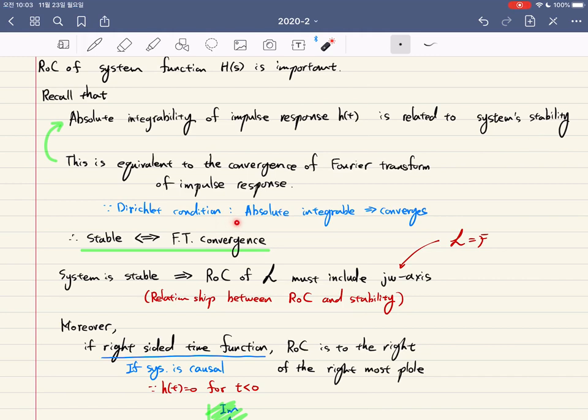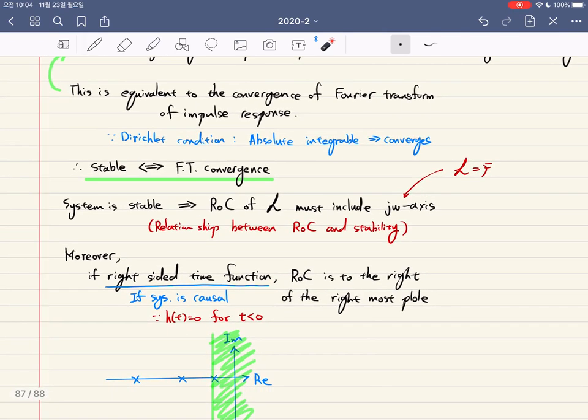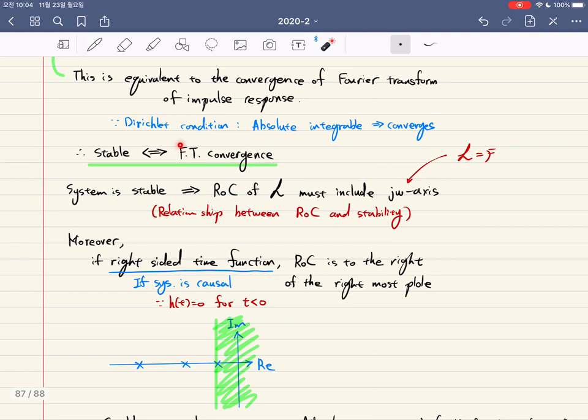And on the other hand, when we studied the Fourier transform, there was a condition called Dirichlet condition, which is about the convergence of the Fourier transform, and this was also related to the absolute integrability of the system. Therefore, we can conclude that Fourier transform's convergence is related to the system stability.